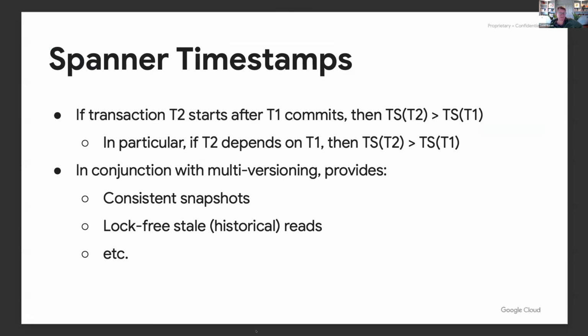I maybe should have mentioned earlier that Spanner is a multi-version database. So instead of just keeping a single version of each value, which is replaced as people update things, we keep multiple versions. And this multi-versioning in combination with this timestamp property means that we can provide globally consistent snapshots of the data at timestamps.